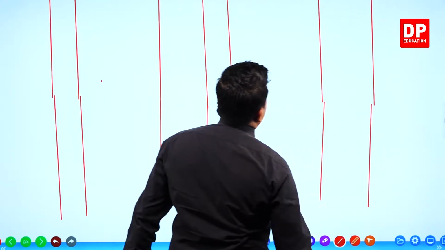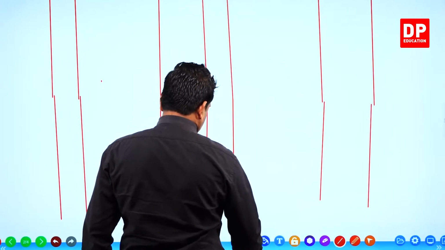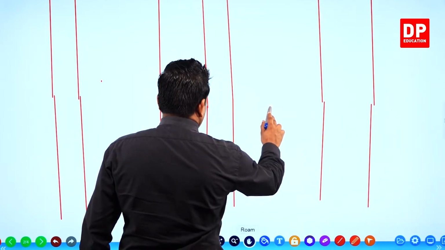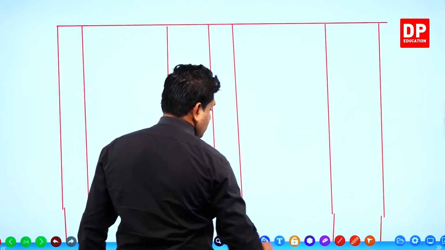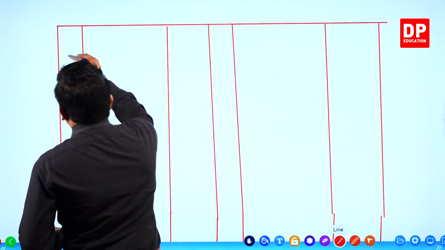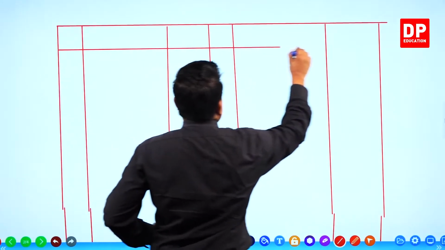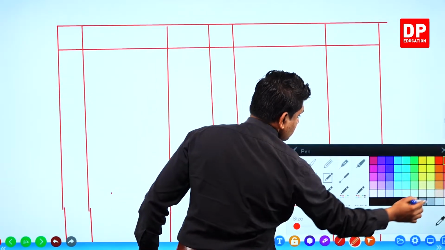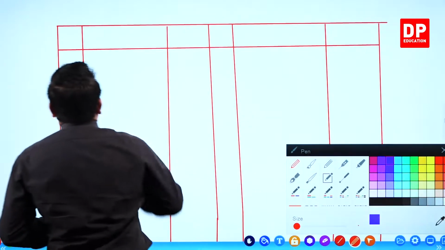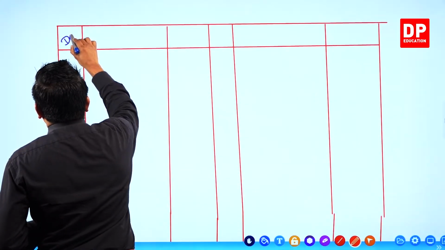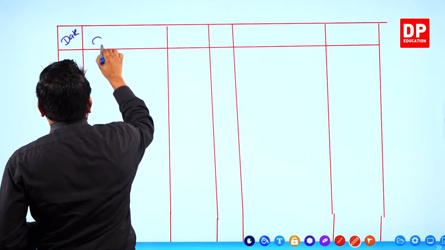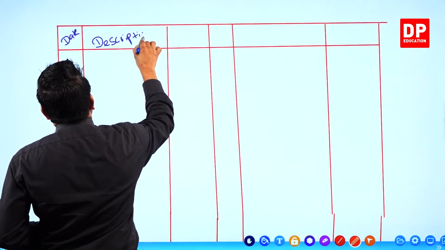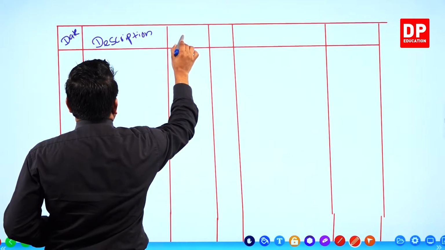Okay. Now you name the columns. Date, description, cash or value, right?